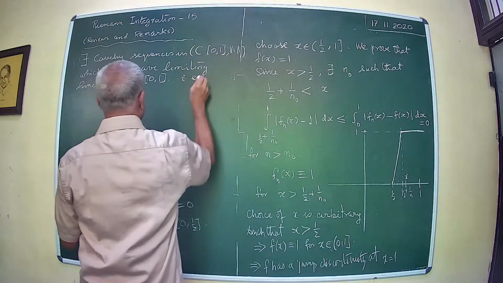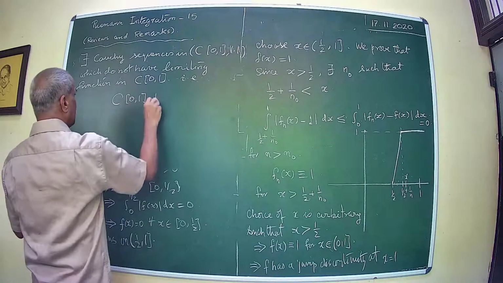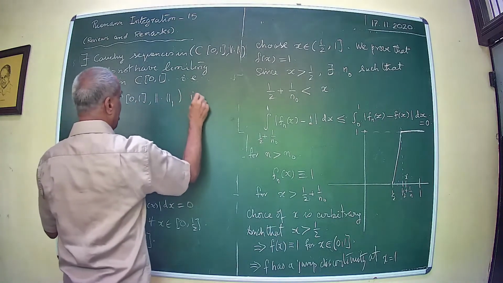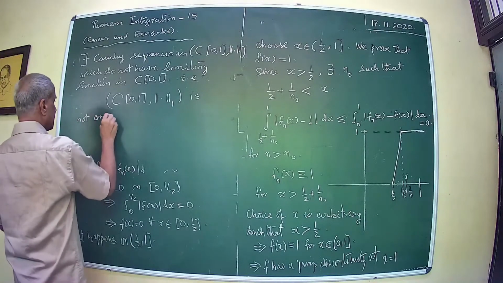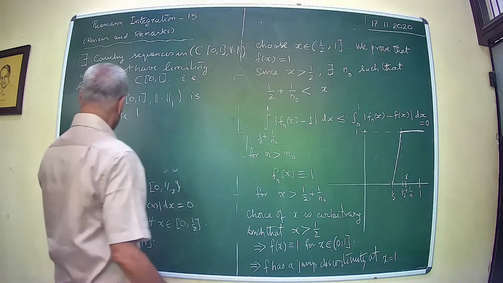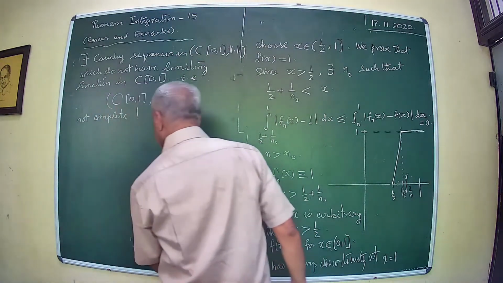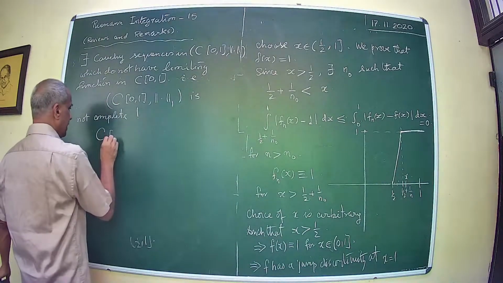Therefore, in general, C[a,b] is not complete.